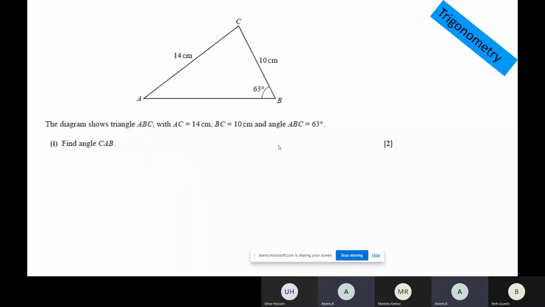So now we're moving to topics that perhaps traditionally in the old GCSE would have been A-star topics. Why were they A-star topics? Perhaps because students have to manipulate the algebra or not see things. But if you use the idea of a ratio, we just get very quickly that sine A over 10 is equal to sine 63 over 14.